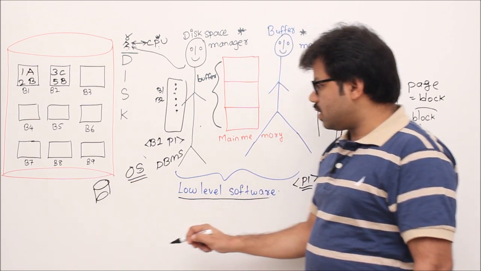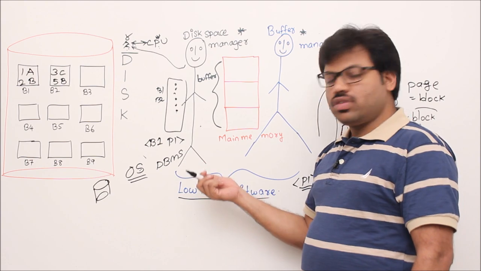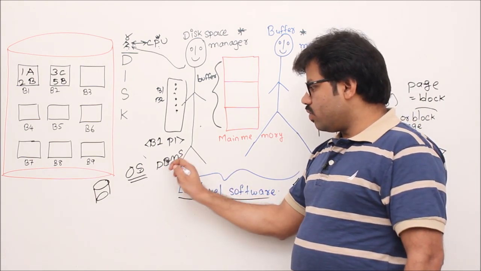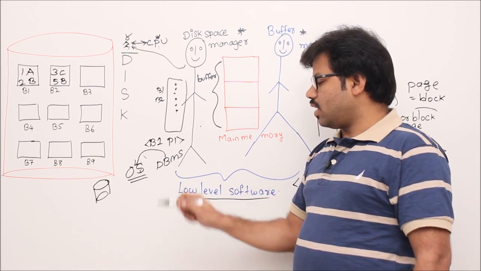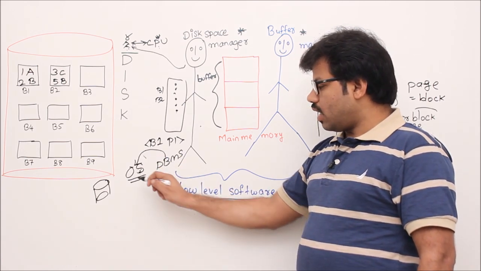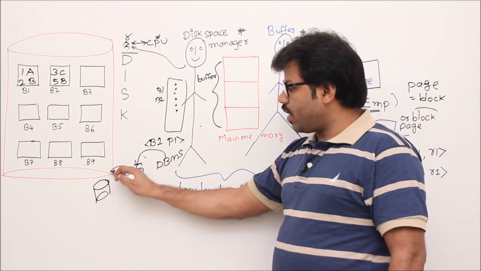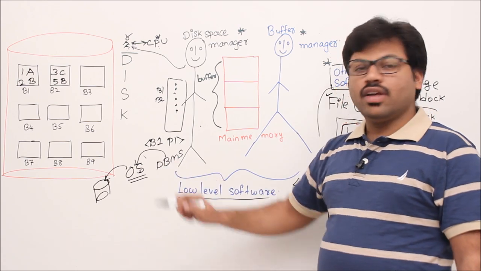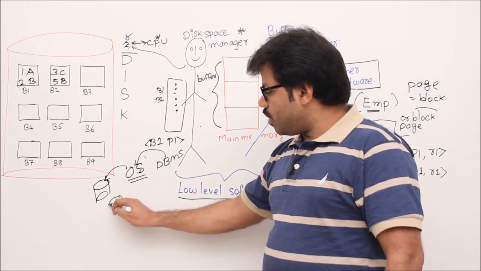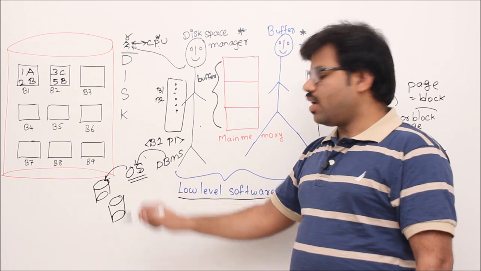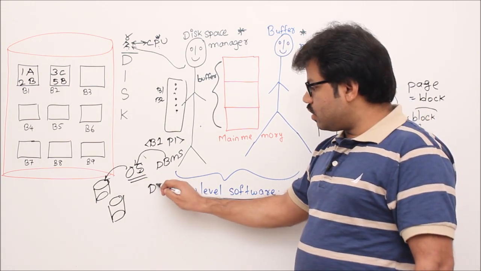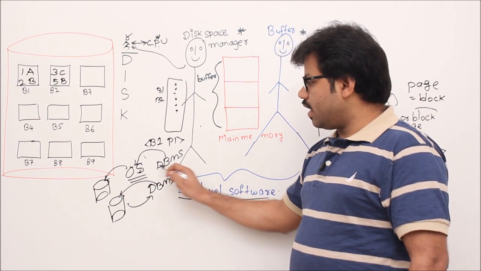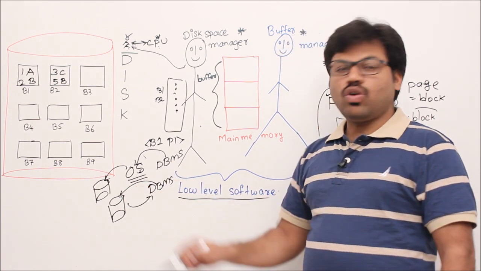And there are some DBMS, of course only a minority, that say, my dear operating system, I use your files, I use your software to store my data onto disk like every application program. That is one way. Second, there are other DBMS softwares that don't depend on the operating system and directly store their data. So there are two methods possible: one is directly, second is consulting through the operating system.